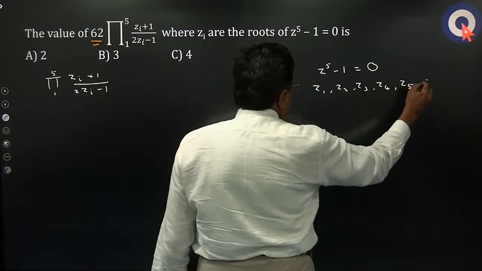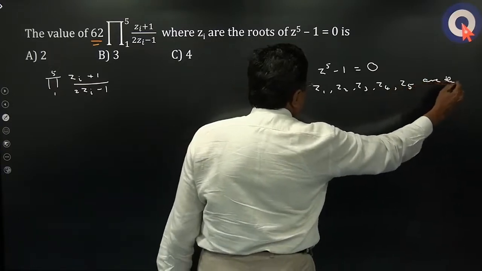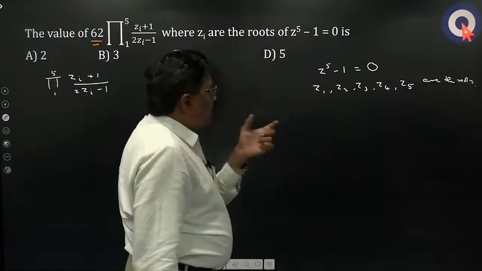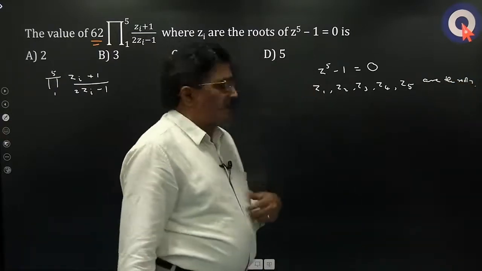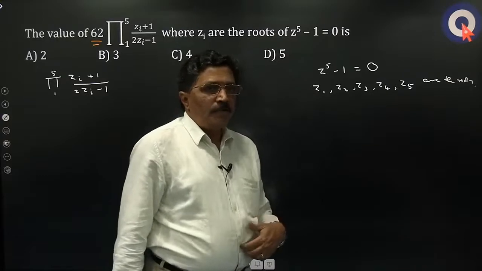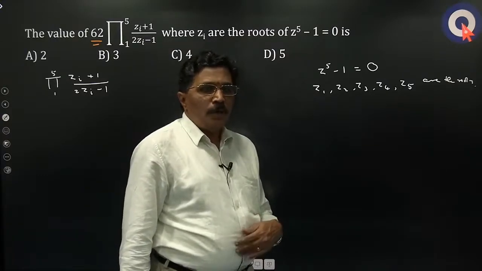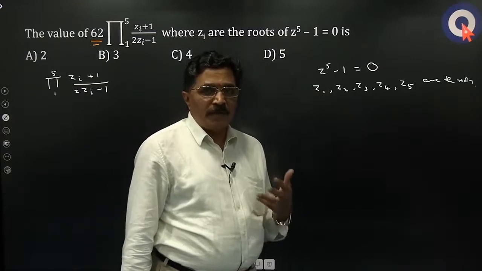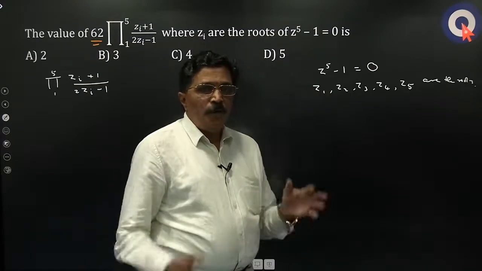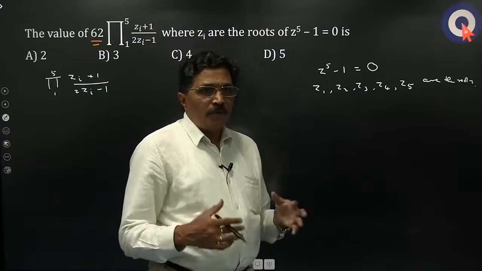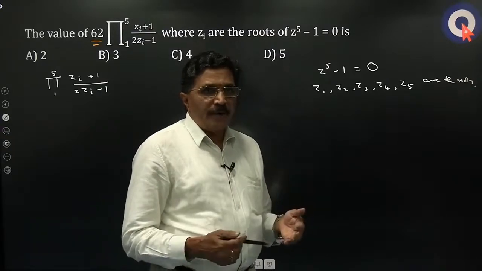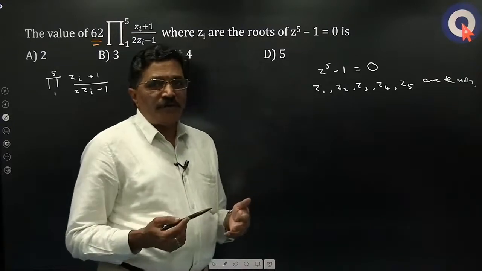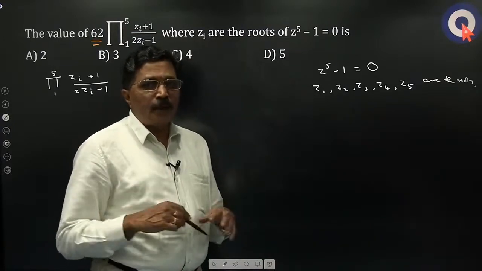You can notice, if you consider a polynomial equation, a x power 5 plus b x power 4 plus c x cube plus d x square plus e x plus f is equal to 0, you have Vieta's theorem: sum of the roots, sum of the products of the roots taken 2 at a time, 3 at a time, 4 at a time, and then the product of the roots.